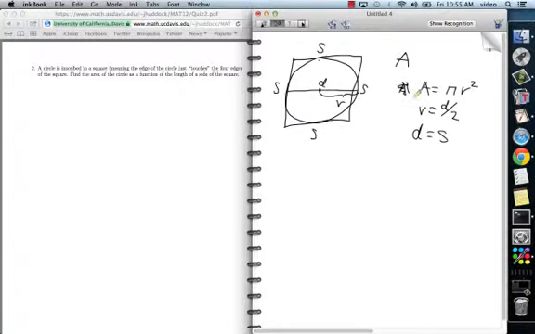Now eventually I want A to be in terms of s. So I'm just going to start plugging things in and see how I can simplify this. Okay, so A equals pi r squared. Now r is equal to d over 2, so I'm going to make that replacement. Okay, d over 2 squared. And then finally, d is equal to s, so I'm going to make that replacement.